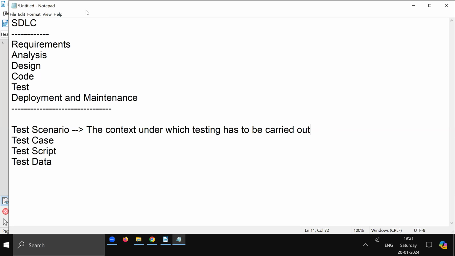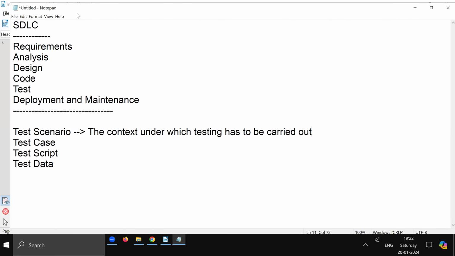Suppose that your company has developed Notepad, okay? And assume that the Notepad is the product which your company developed, and say development is already over. And then say your company asked you people to come forward and test it. Now, what are the important components of Notepad?